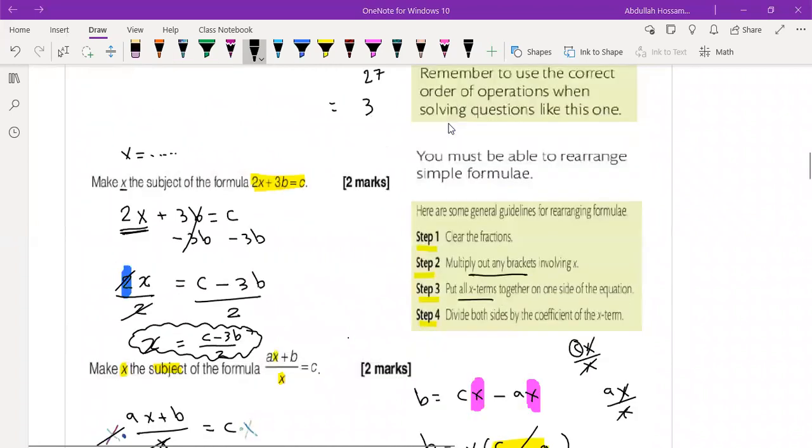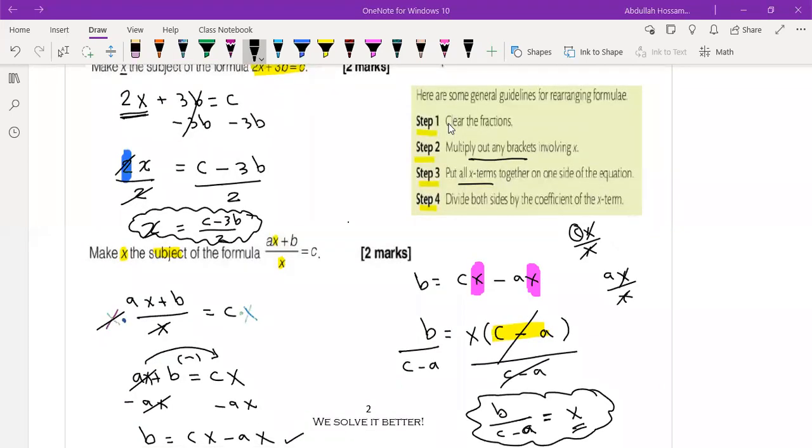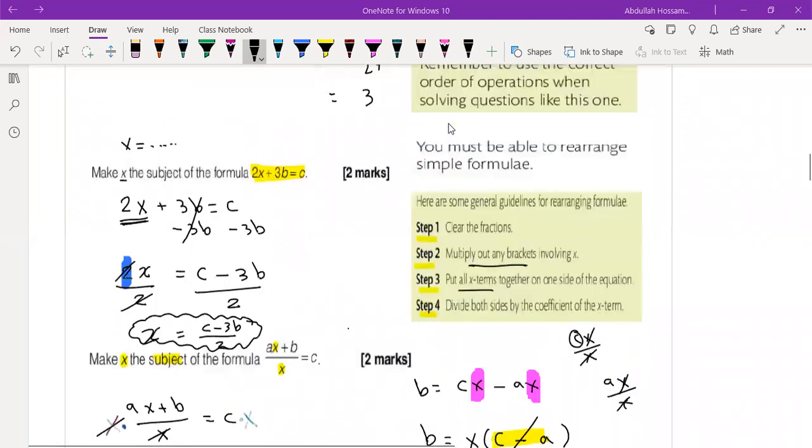So guys, clear the fractions, multiply out any brackets involving x, put all x terms together on one side of the equation, and divide both sides by the coefficient of the x term. Nice. Let's try another one.